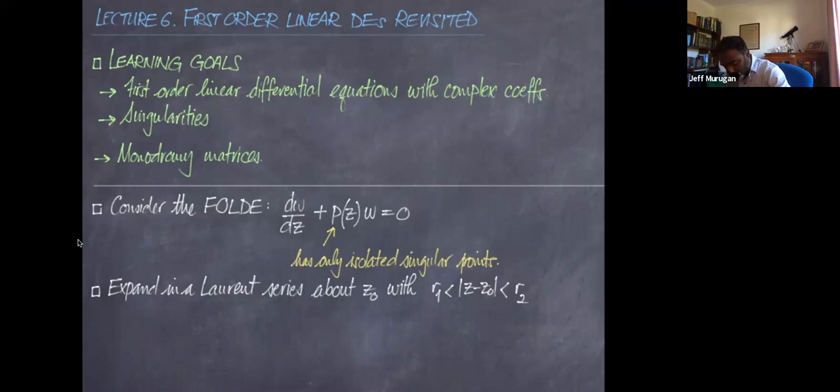So just for concreteness sake, the region in the complex plane will look like this. And we're considering all values of z that lie inside this region here. Okay.